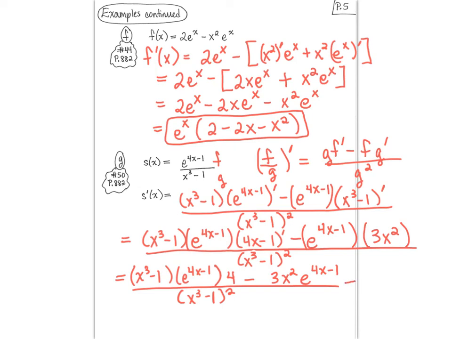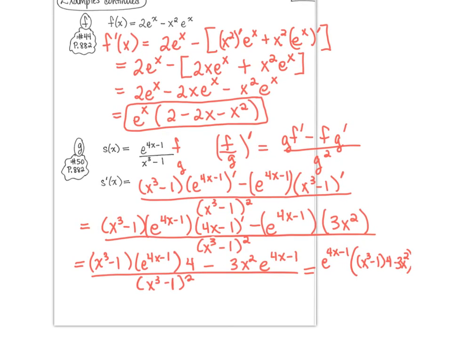So we'll get e to the 4x minus 1 times the quantity x cubed minus 1 times 4 minus 3x squared, all over x cubed minus 1 squared.